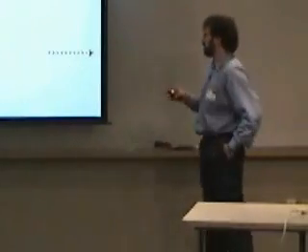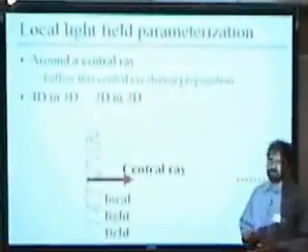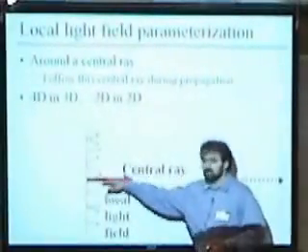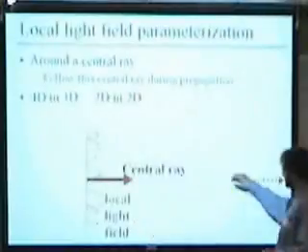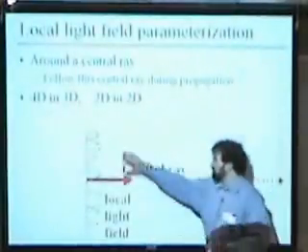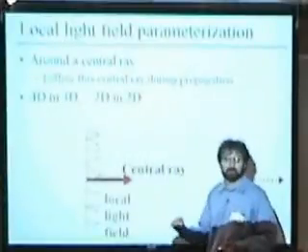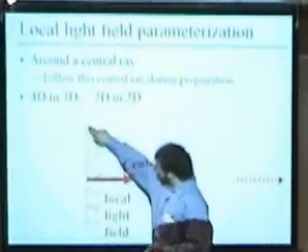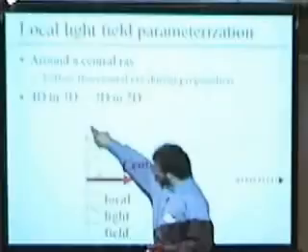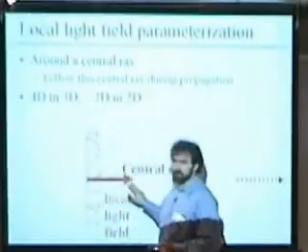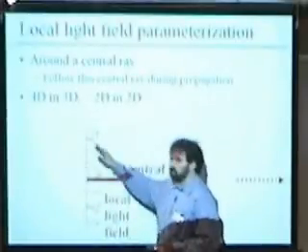So let me refine a little bit our notion of local ray neighborhood. In general, we're going to follow a central ray as it travels through space and its neighborhood. And its neighborhood is going to be a 4D slice of the radiance function for all the points on the plane orthogonal to the central ray and for all directions.